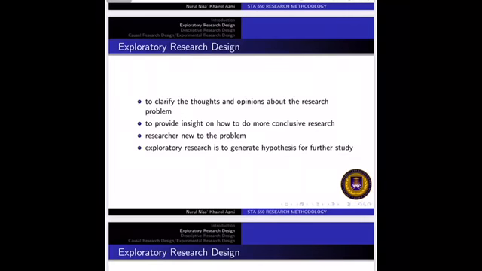So the first researcher who did research about COVID-19, that is considered as exploratory research. Contoh kalau dia nak tahu pasal what are the factors that cause the increasing of the infection of COVID-19, that will be the exploratory research.